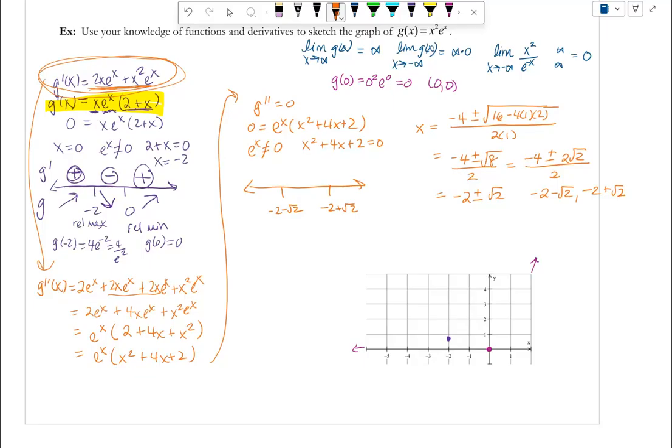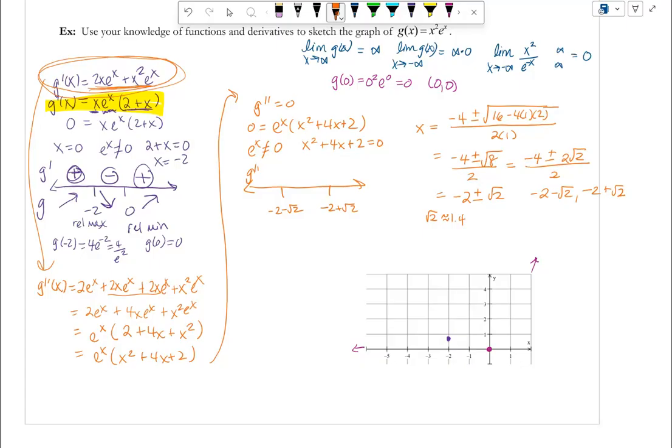if I think about my second derivative here, when I'm picking a value to the left of -2 minus root 2, I could really pick any number that I want. And remember, the square root of 2 is roughly 1.4, and some change. So -2 minus, let's just say 2, would give us like a -4. So I need to maybe go out to at least like -4 or -5.